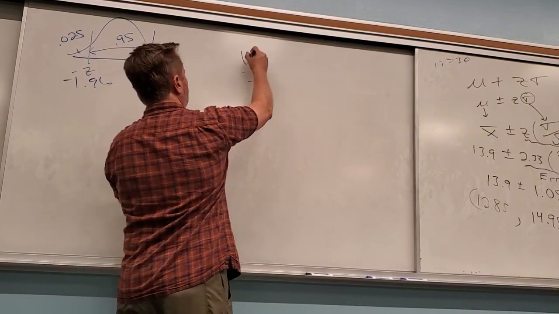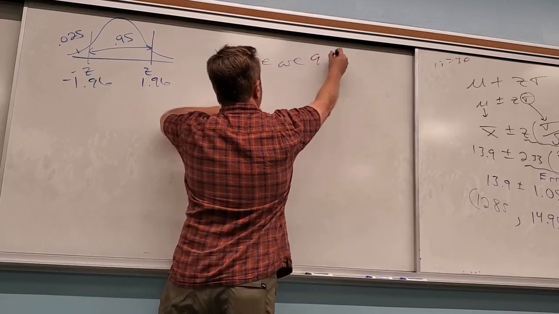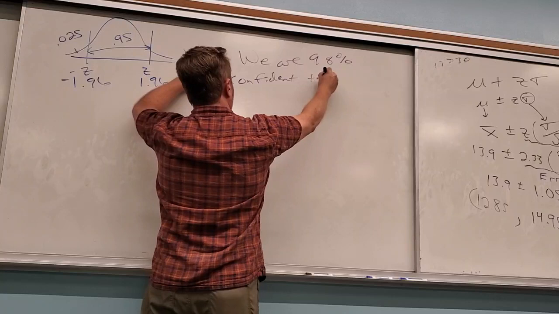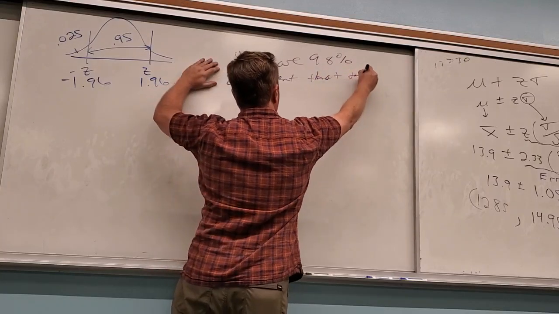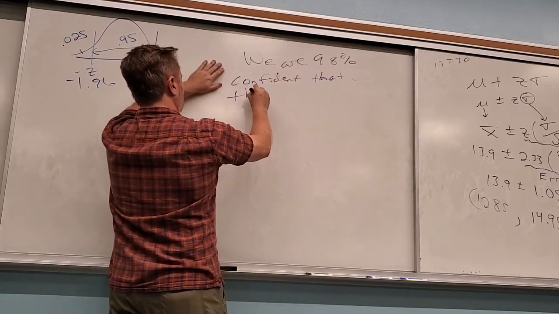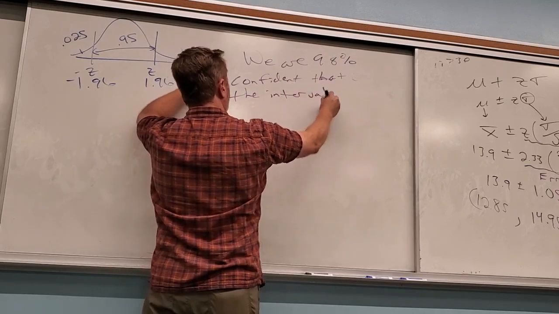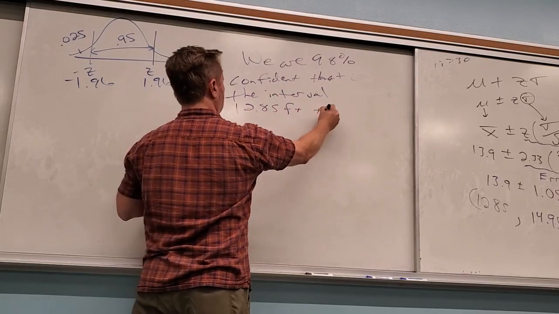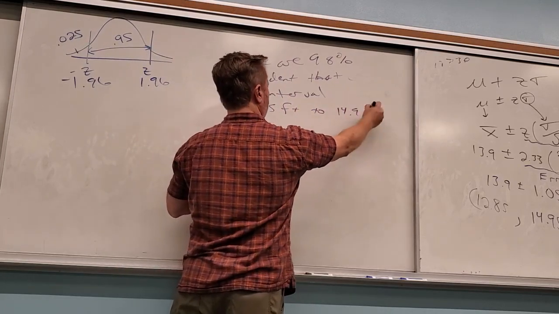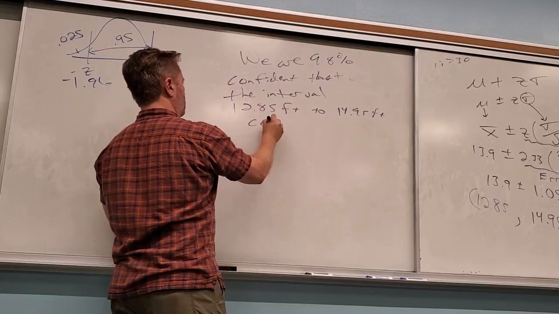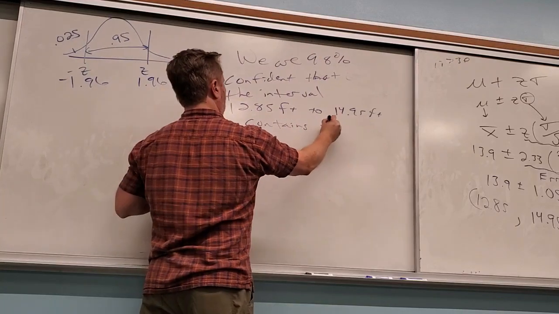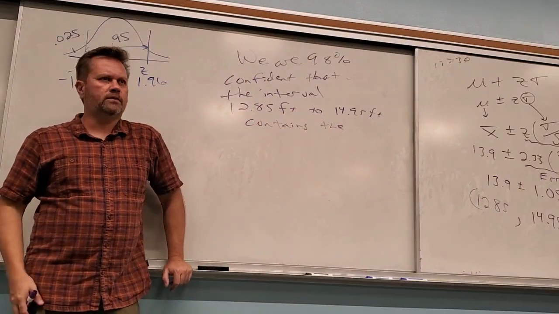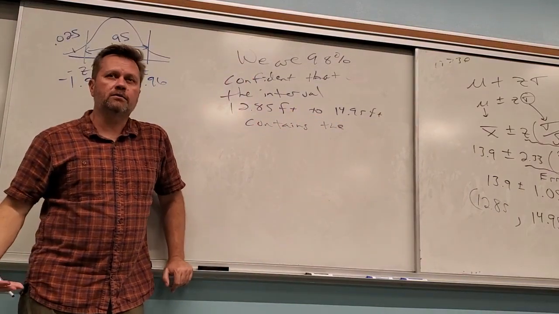Yeah, so we are 98% confident that the interval, let's see, 12.85 feet to 14.95 feet contains, what I'm gonna normally say here, if I'm not thinking about it, I'm just gonna say the true mean weight, and what I mean by that is the population mean weight.